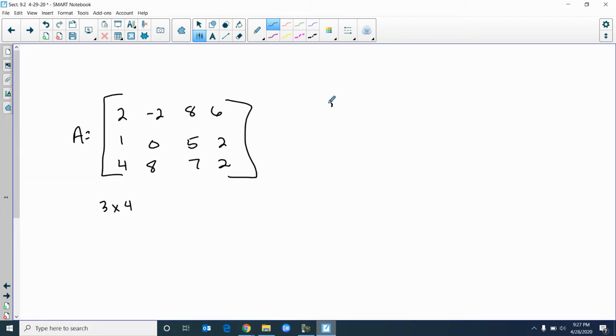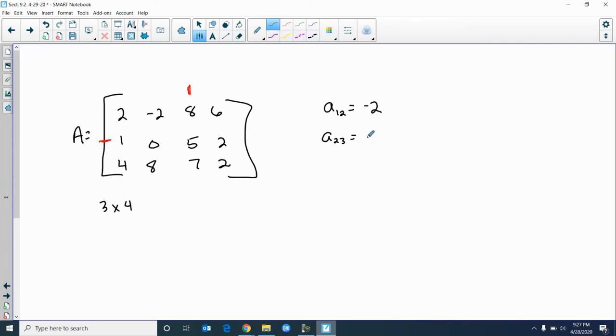If I want to talk about A12, first row, second column, what number is in that position? That would be -2. If I want to talk about A23, what's in the second row, third column? Second row would be right here, third column would be here.